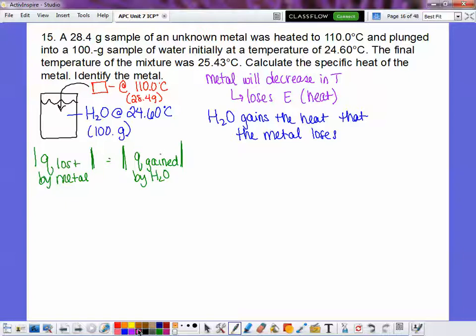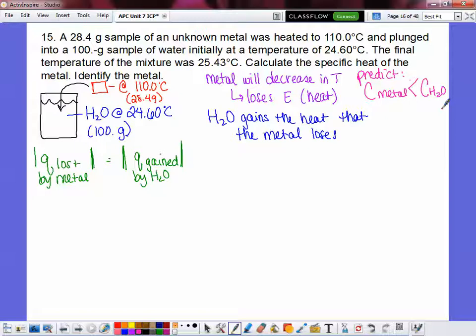Because they have a low heat capacity, they're going to change temperature a lot easier and therefore transfer heat to something else, okay? So our prediction is that the C of the metal should be less than the C of water.